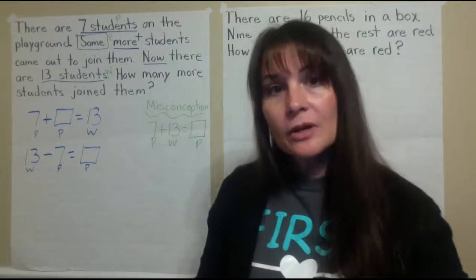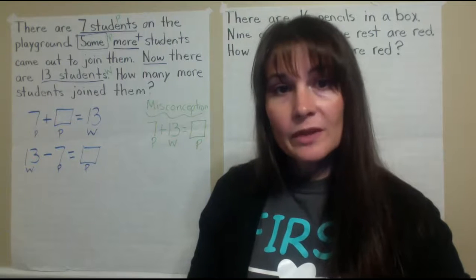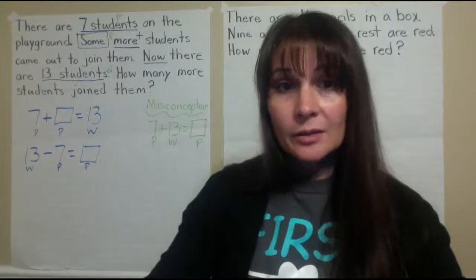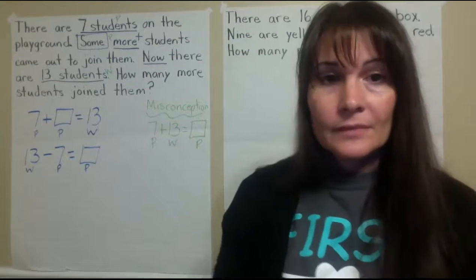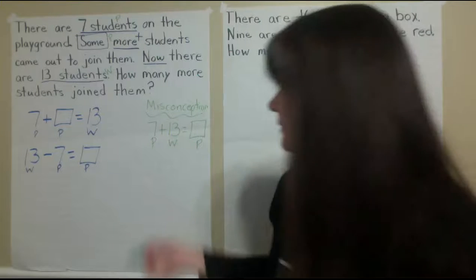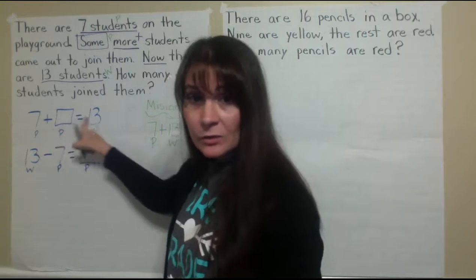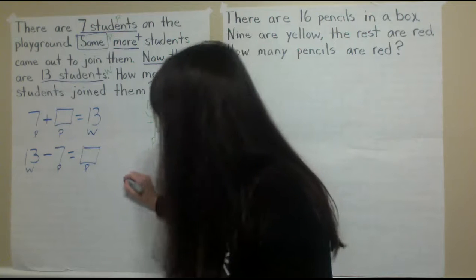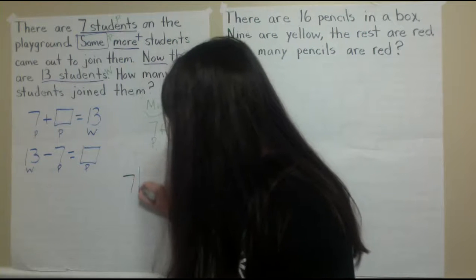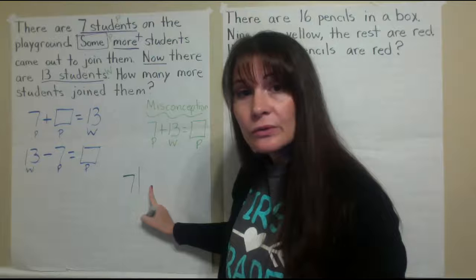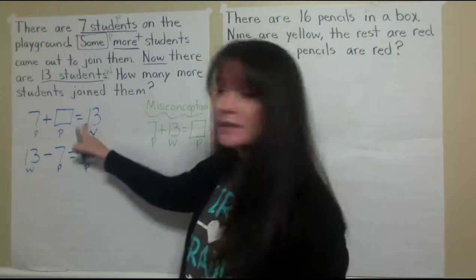On your paper, try to solve this problem with a model. When you're ready, hit play. I saw some great thinking. I saw someone say 7 plus something equals 13. So they drew their 7, they drew a line, and then they used their counting on strategy to help them get to 13.